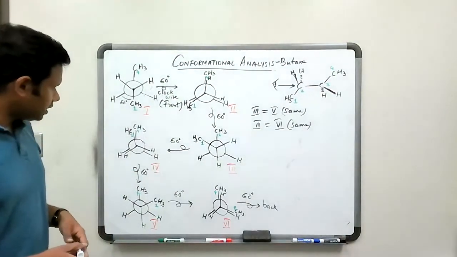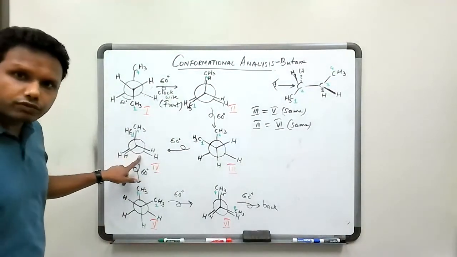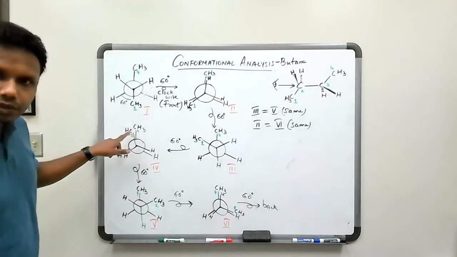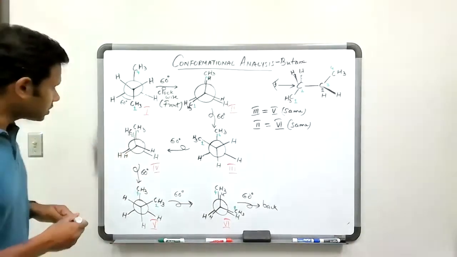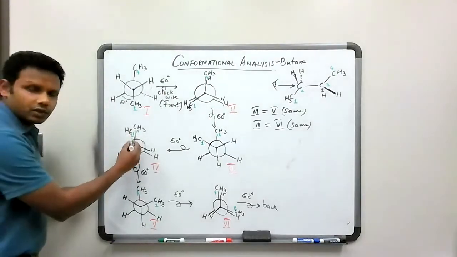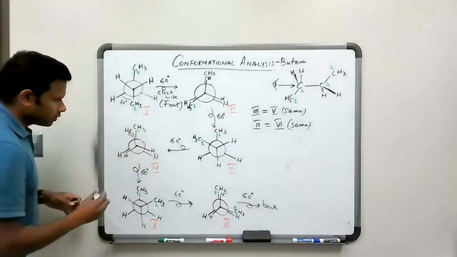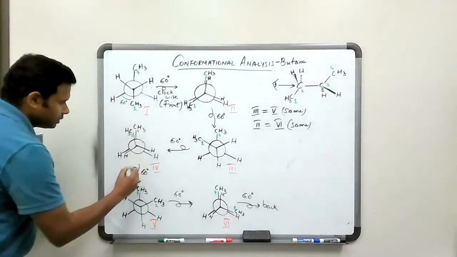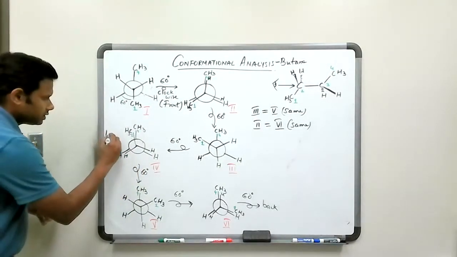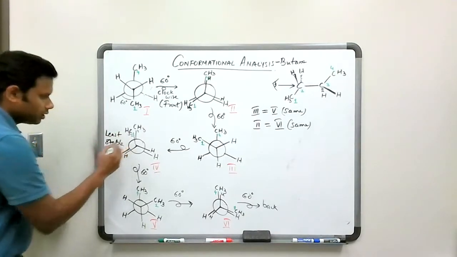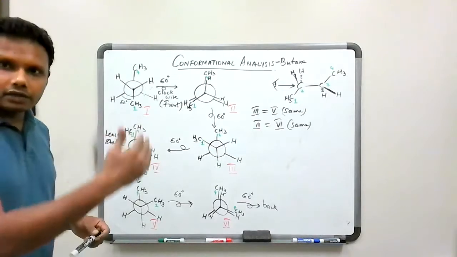I'm going to say that it must be structure 4, because in structure 4, the two methyl groups, the big groups, are next to each other. Okay, this is eclipsed, and the two big groups are also next to each other. So this must be the least stable of all these conformations. Like it must have the highest energy.